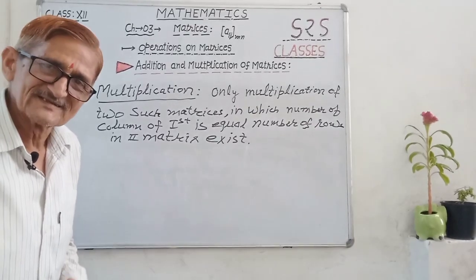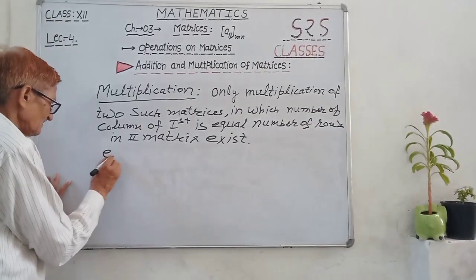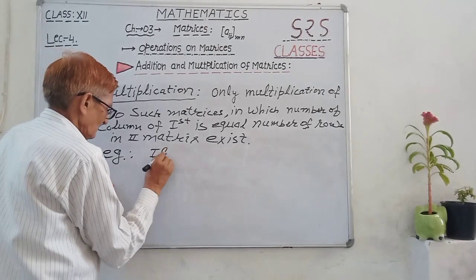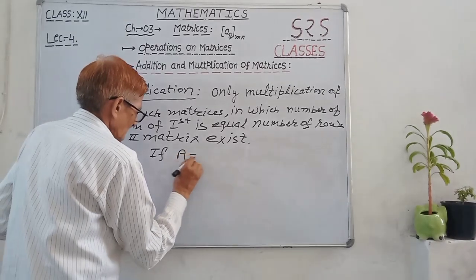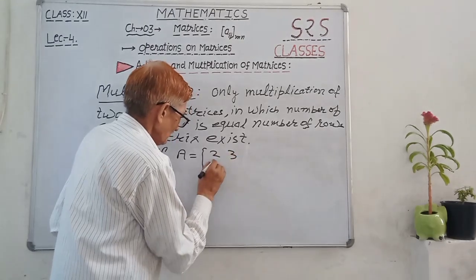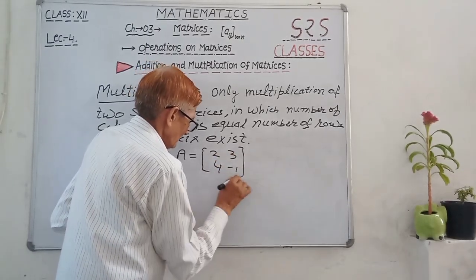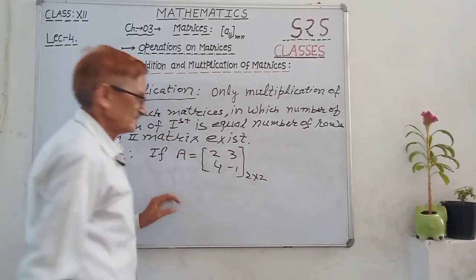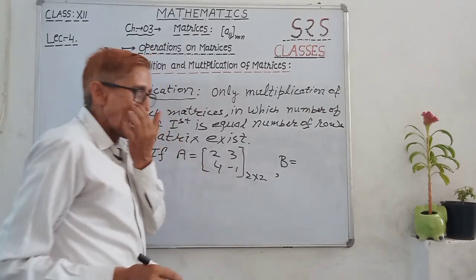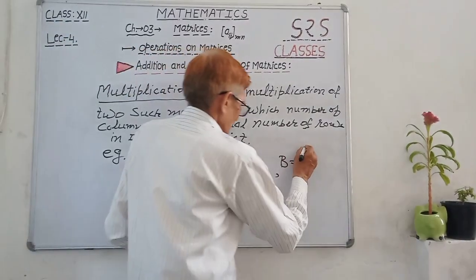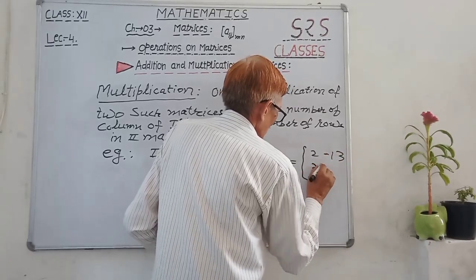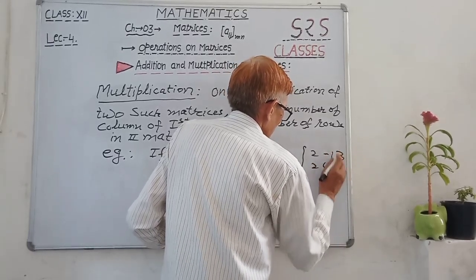How to multiply after that? So by example, if matrix A equals 2, 3, 4, -1, it is 2 by 2. And B equals 2, -1, 3, 2, 4, -1.